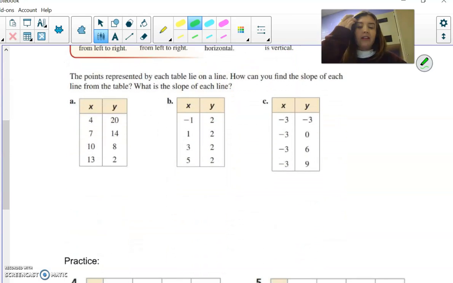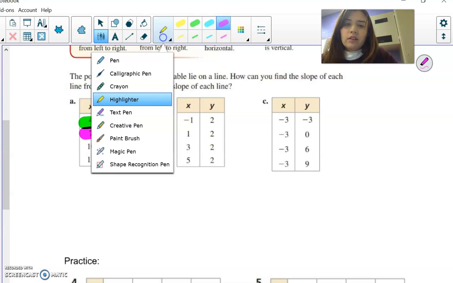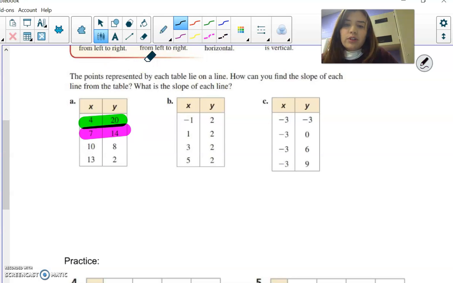Now we're going to talk about how to get slope from a table. And it's a lot similar to how we did the graphs. We're going to pick a point like 4, 20 and 7, 14. And we're going to choose the first set as our x1, y1, and the second as our x2, y2. So our top is rise, so that's our y values.